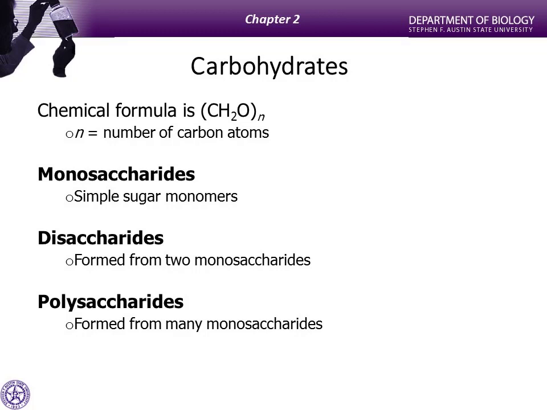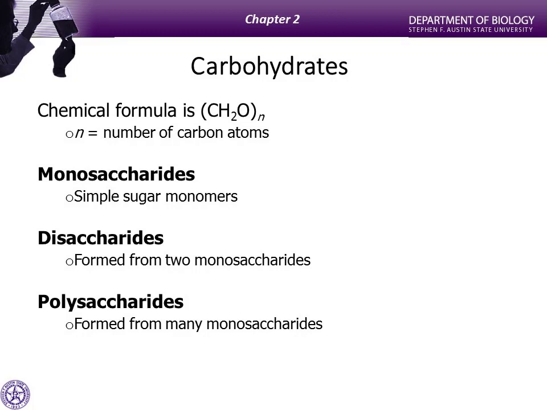Now, if we take 2 of our monosaccharides, we use enzymes, we link them together and liberate a molecule of water. Again, there is our condensation reaction. We put 2 of them together, we form a disaccharide. Sucrose, table sugar, disaccharide. Lactose, we have in milk, disaccharide.